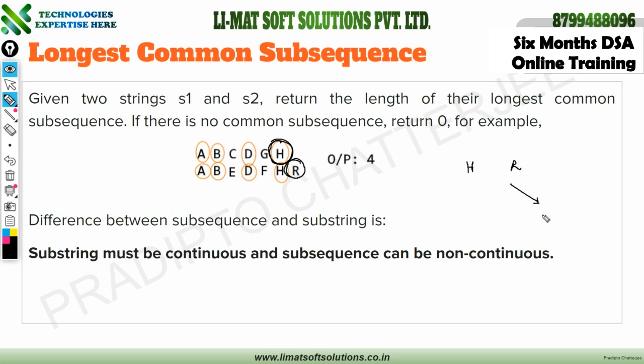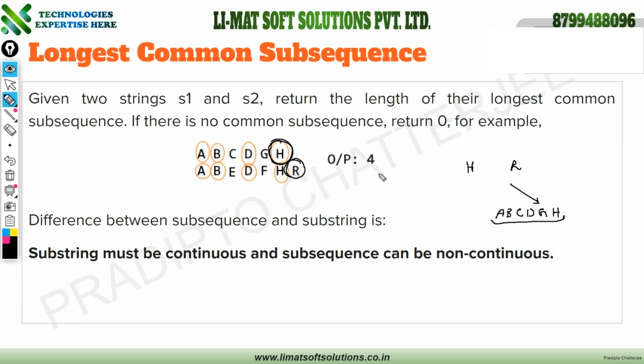In this path, I will consider two different strings. I will consider A, B, C, D, G and H, the entire first string, and the remaining part of the second string, because I will not consider the R now. So it will be A, B, E, D, F and H. I will consider these two strings and have the same recursion.